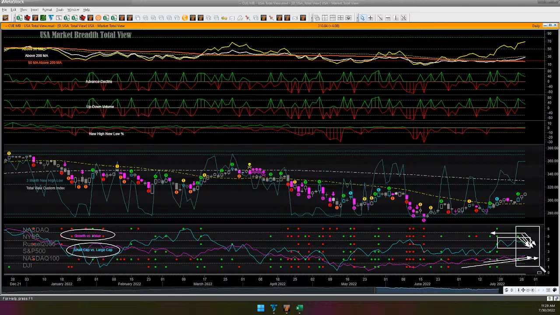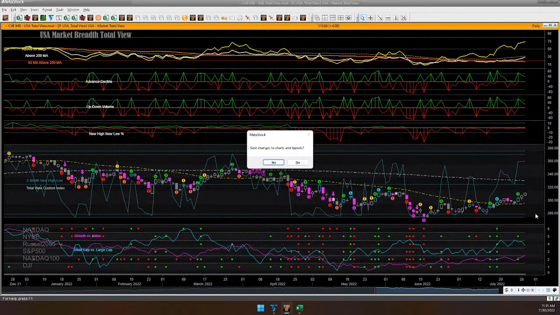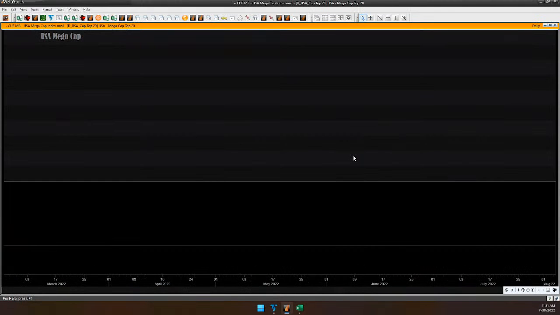If we consider last 5 days, 1 week, from the market breadth total view, it seems that the large cap, mega cap, value stocks are doing better, not the usual growth stocks. Getting extended.